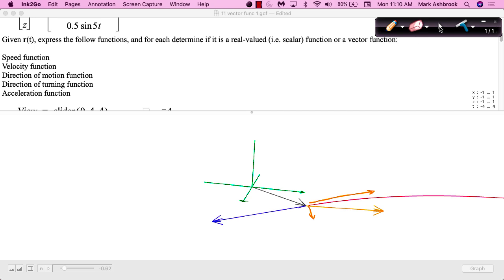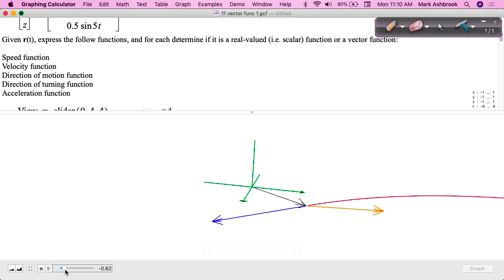Okay, what about on the loop? This is cool. What's happening on the loop? Orthogonal, pretty consistently. Why? All right, it's turning the entire time, but also staying at a pretty constant speed, right?